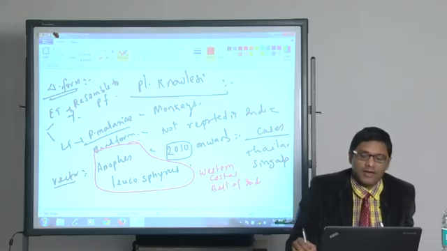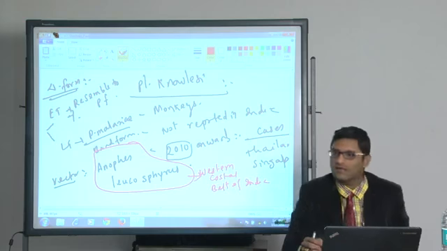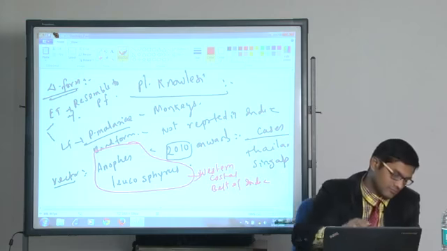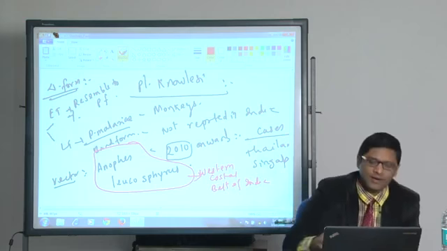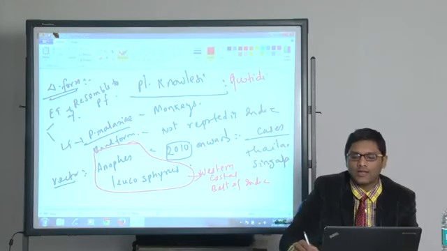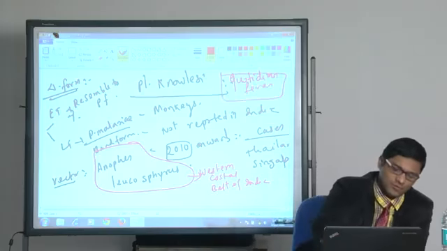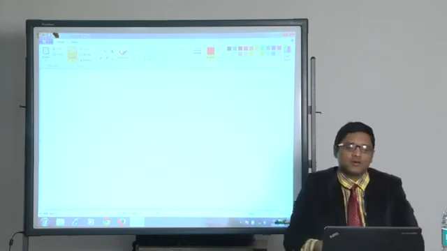So, there is a high probability that we may get Plasmodium knowlesi in the near future. Okay, and of course, the fever pattern is quotidian pattern, every 24 hours. Okay. So, this is all about it.